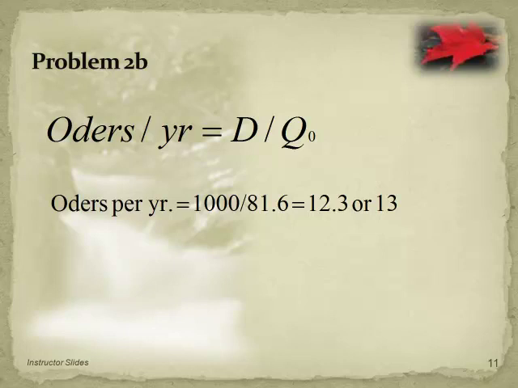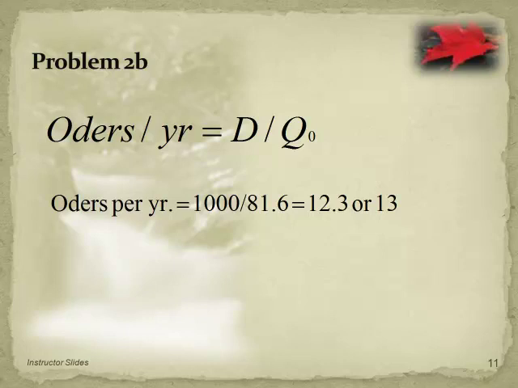In this case, students, I have used my unrounded economic order quantity from the previous calculation. The reason is that if I take the rounded value of 82, it's going to make this number a little bit less precise, so I get a more precise answer with the unrounded number.